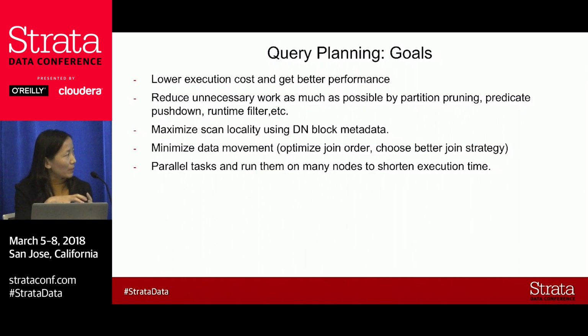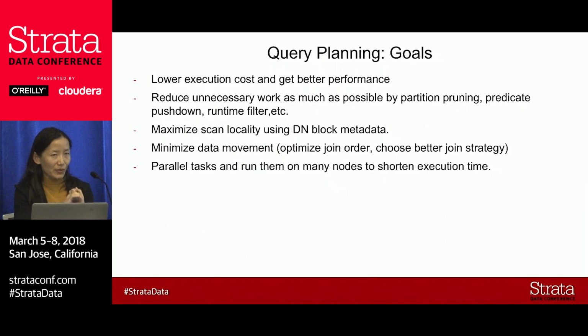After the scan part, we also try to minimize the intermediate result transfer. Think about joining two tables: usually you build a hash table for one side and then do the probe. Usually you want to have the small table in memory and then probe with the left table.